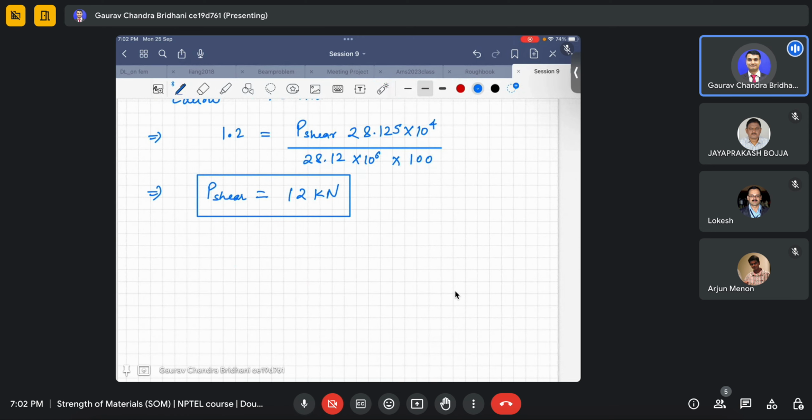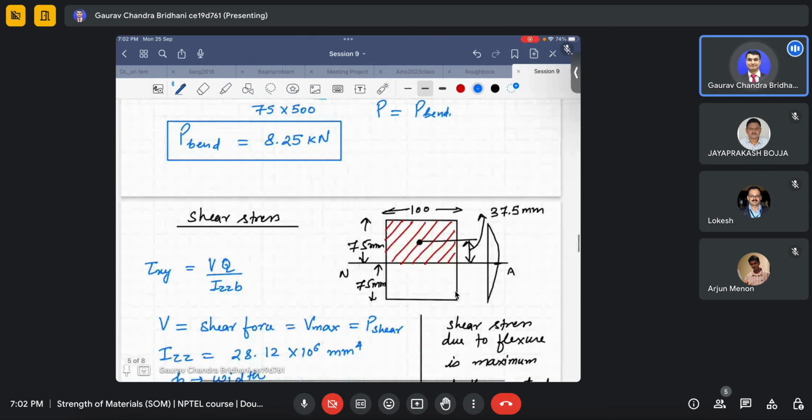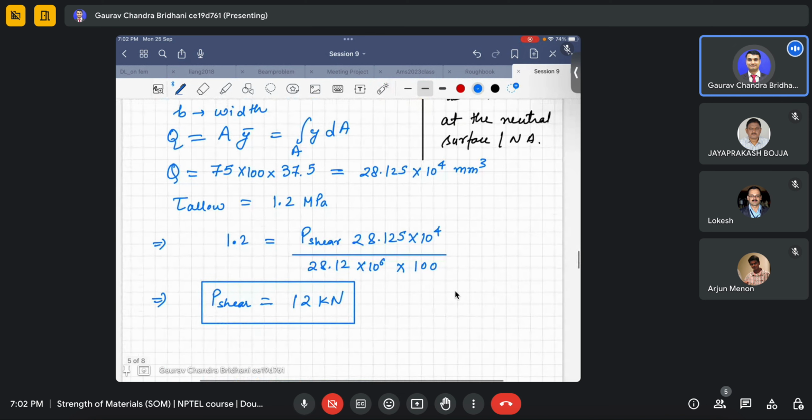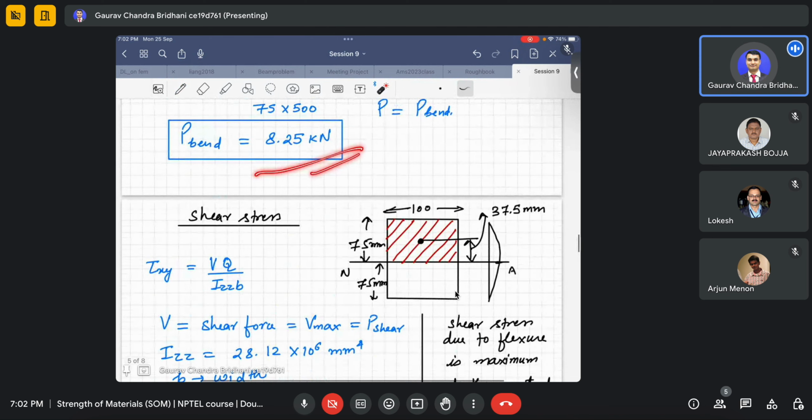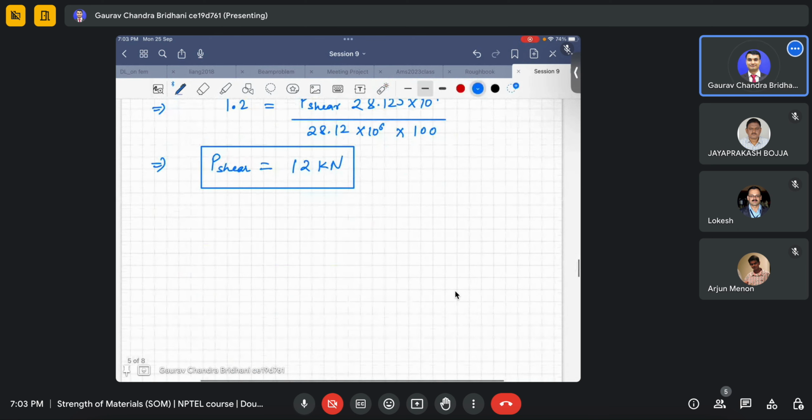Because if we allow more than 8.25 kilonewton load, it will not have any issue with the shear, but the stresses will already be above the allowed limits in the bending. So that's why minimum of the two. We will have the maximum permissible load as the minimum of the two, P bending and P shear.